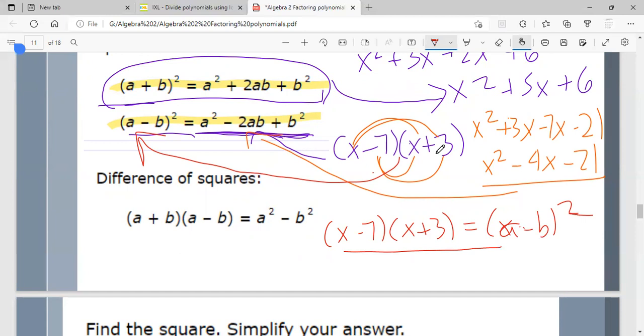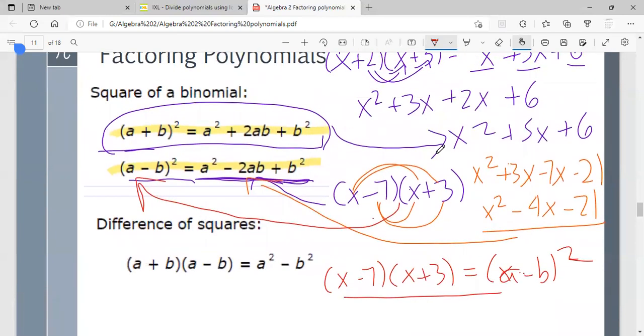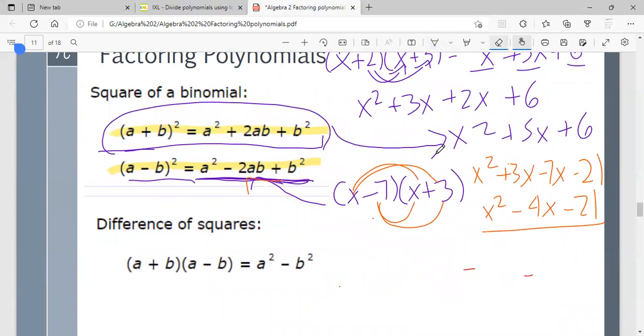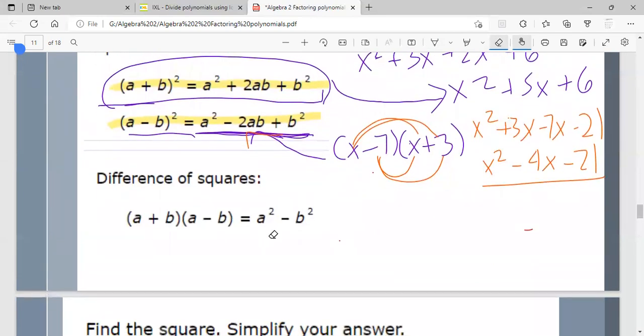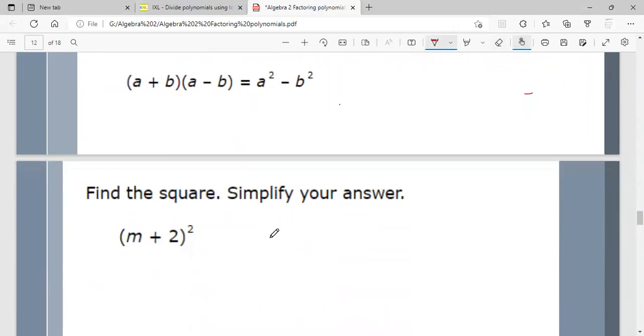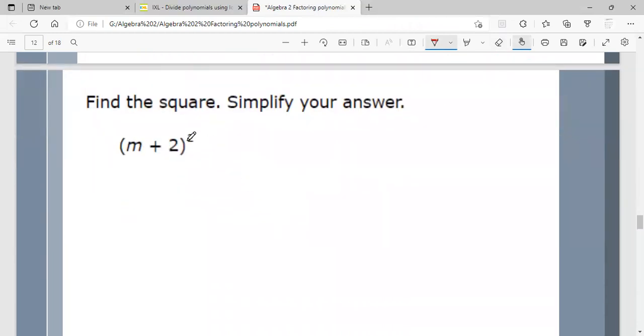But today, we're going more in terms of perfect squares. So you're dealing with the difference and sums of squares. So 4 is a perfect square, right? 9 is a perfect square.